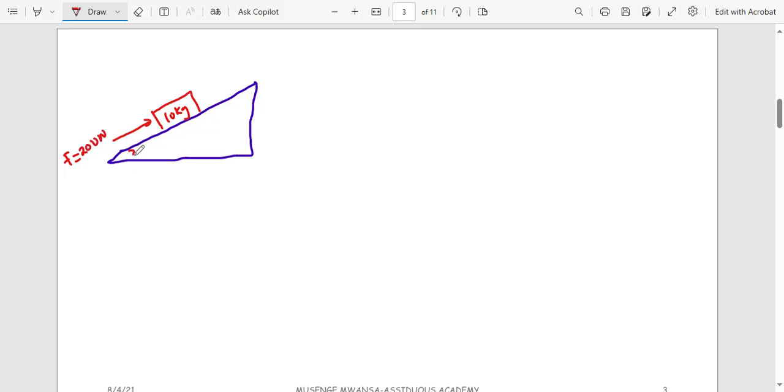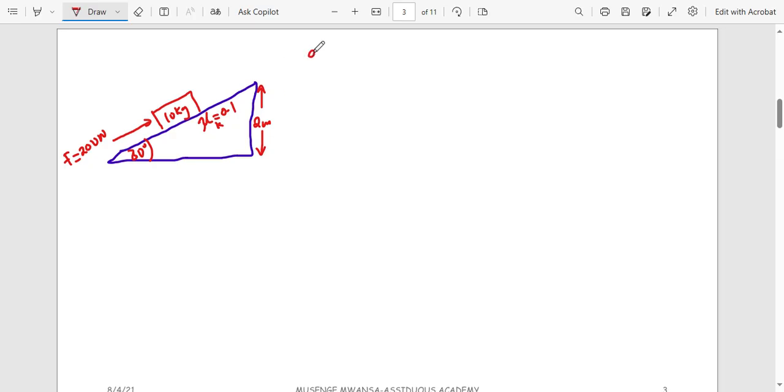The angle of inclination is 30 degrees. And the height of the incline is 2 meters. Now let's say the incline has got friction. The coefficient of kinetic friction, mu k, is 0.1.